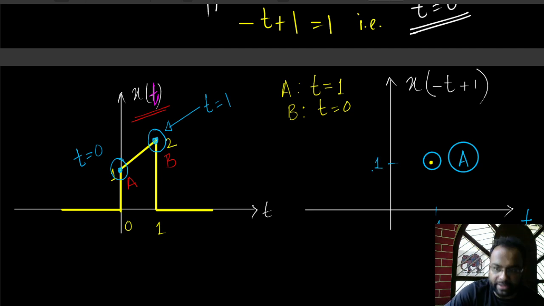And where is critical point B? Critical point B is now happening at t equal to 0. Now what is the magnitude? The magnitude is 2, right? So the magnitude is 2 and time t equal to 0. This is critical point B for the new signal, right?